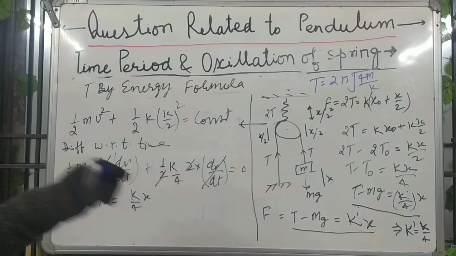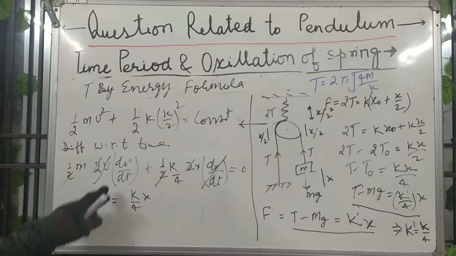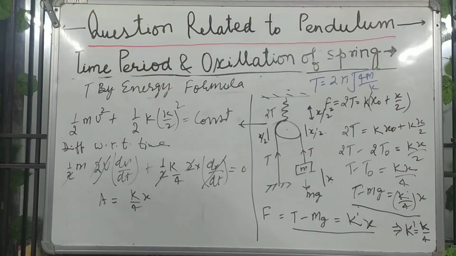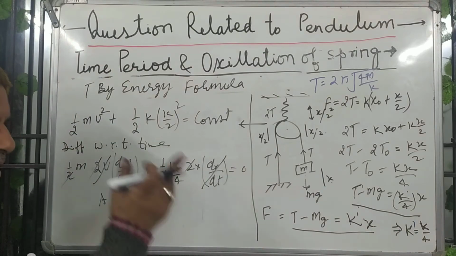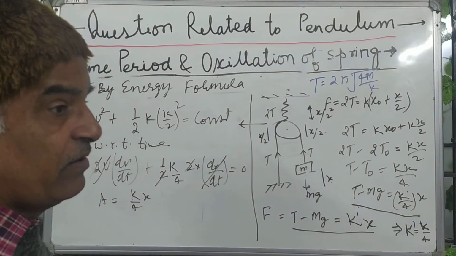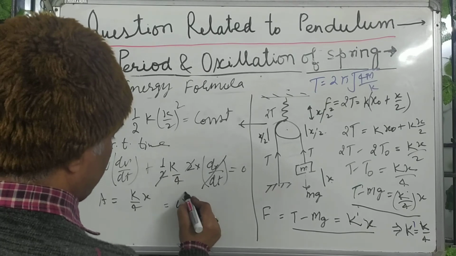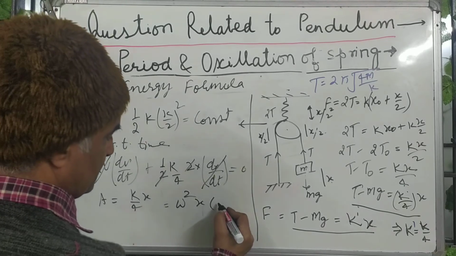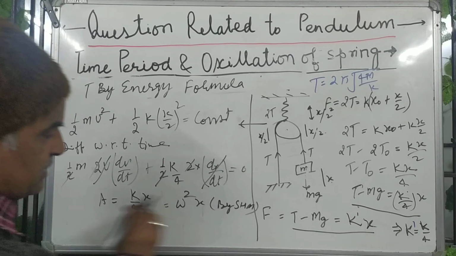You know this is SHM, simple harmonic motion, and in SHM acceleration is omega square x. So this is equal to omega square x. By SHM, acceleration is this.